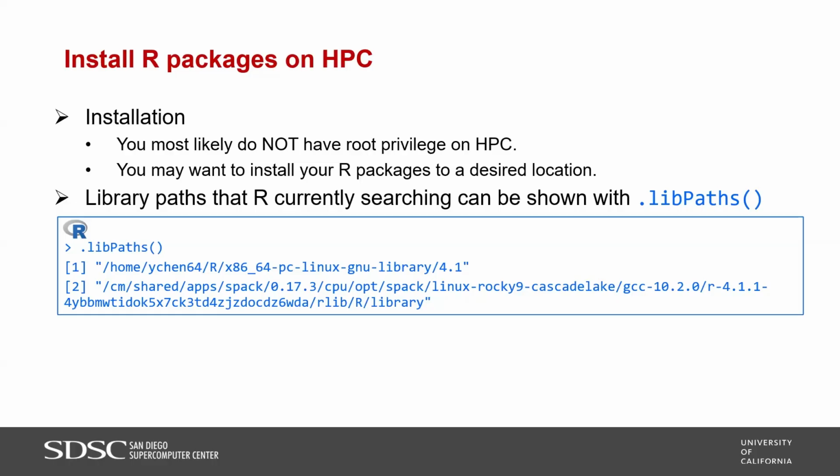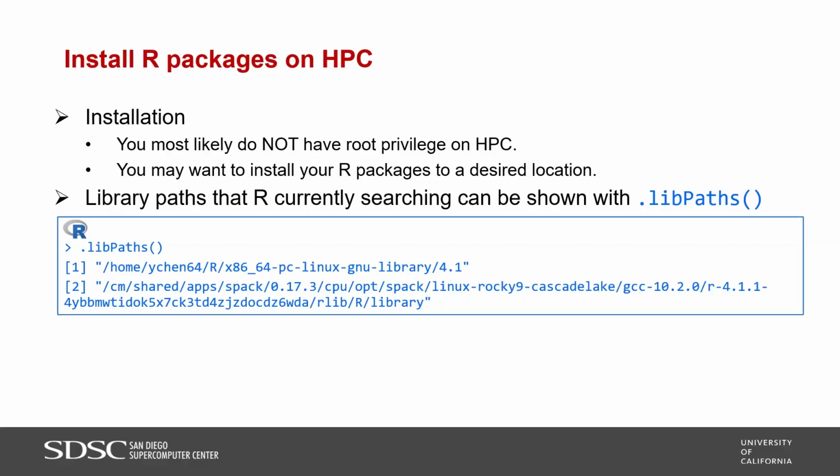As you may know, R can search the library path that is used with the .libPaths function. In this example, once I run that .libPaths function, I get two outputs. Each output is a path of my R packages. The first path is the location in my home directory, and the second one is the location of a system-wide library.